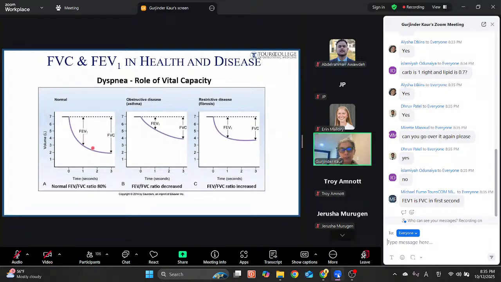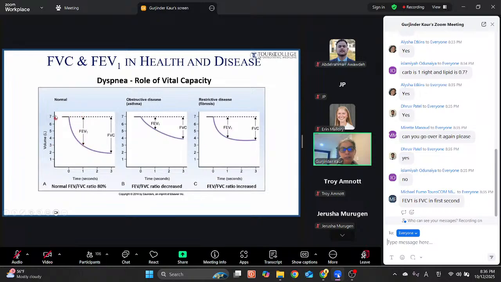If you see, this is a healthy person and they have about 5 liters. So here, from 2 to 7, that's 5 liters of FVC this person has, right? And when you are trying to expire this air out, you can get most of the volume out.